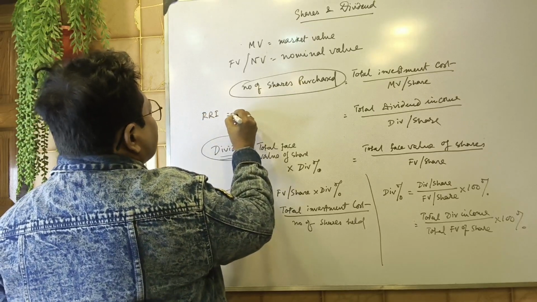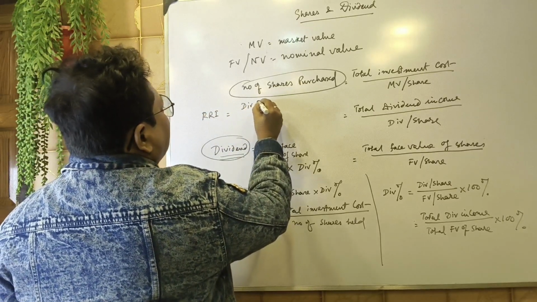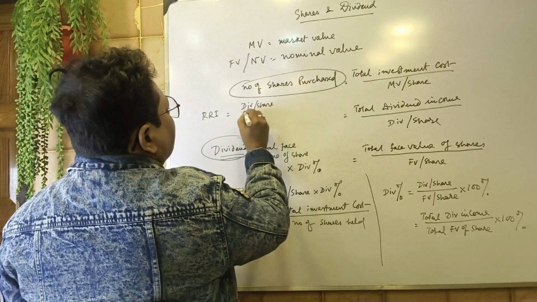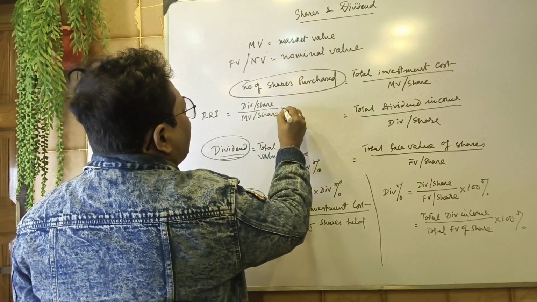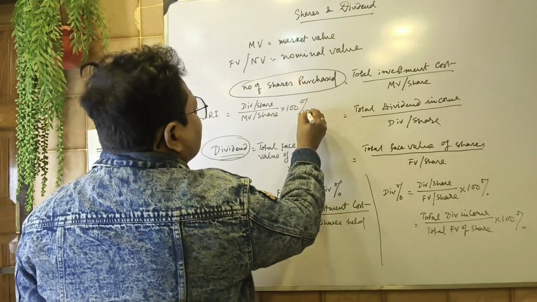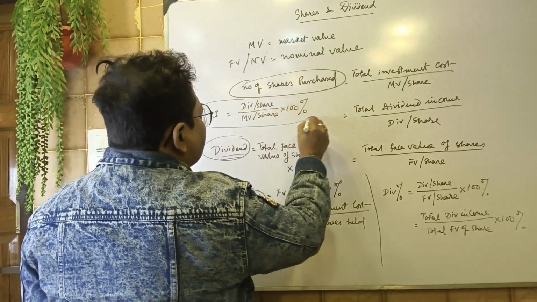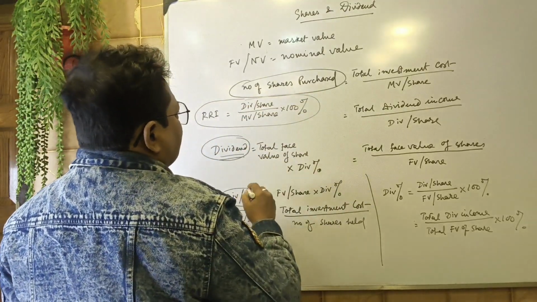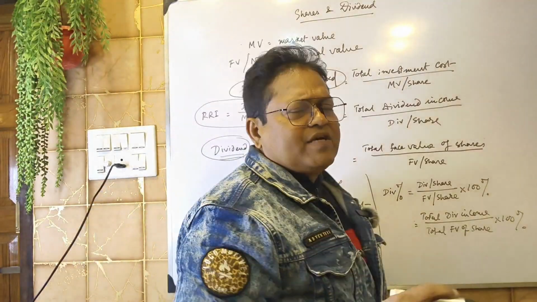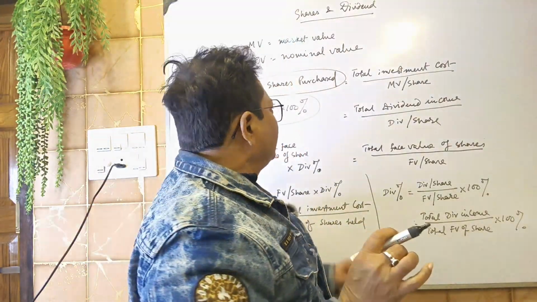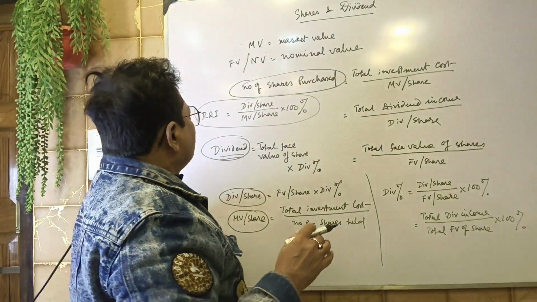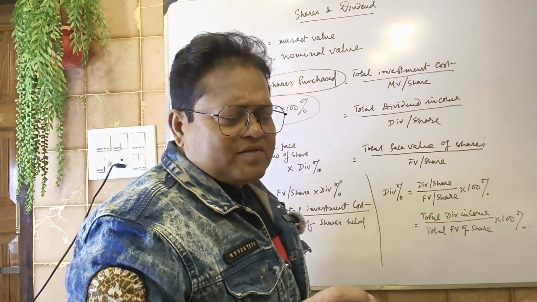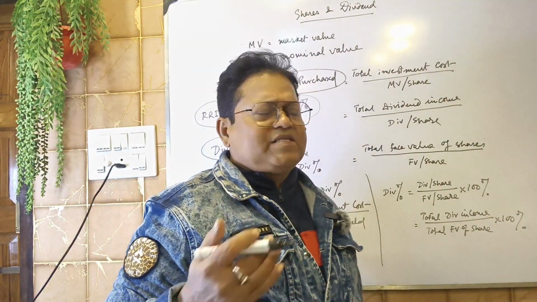Rate of return on investment means dividend per share by market value per share into 100. It is the best one. Return on investment is dividend per share divided by market value per share into 100. Rate of return on investment is always expressed in percentage.